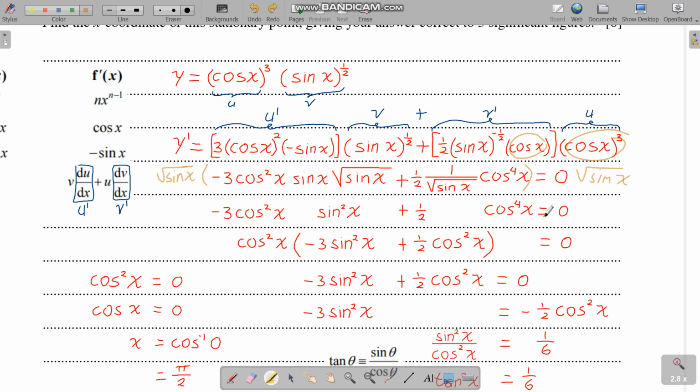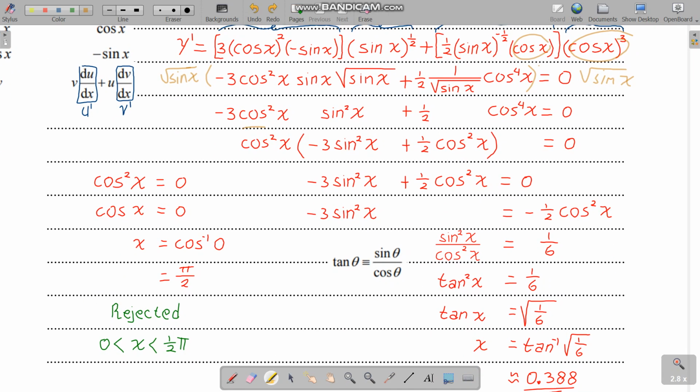Okay, now we factorize. We pull out cos squared from the left, so we still have minus 3 sine squared. And on the right, we pull out cos squared, we still have cos squared, so 1/2 cos squared. Okay, we factorize cos squared. Now we have a multiplication. A times b equals 0, which means a equals 0 or b equals 0.